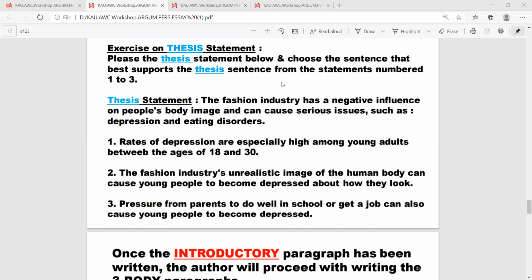By the way, that could be a thesis statement, and that could be part of an argumentative essay. Should people eat from the 4 main food groups, or should they just eat protein? Right? That could be an argumentative essay, and then you can write a supporting sentence and another supporting sentence, and of course examples from life itself.